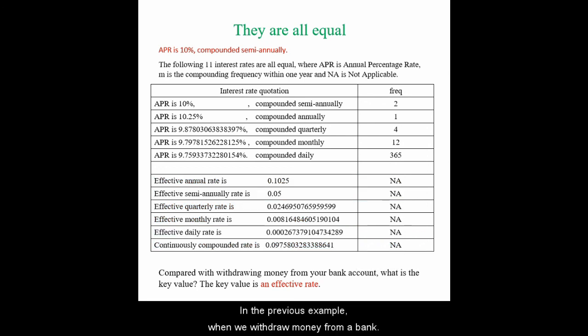In the previous example, when we withdraw money from the bank, the key is the total amount. Now the key value is the effective rate. For the total amount, we only have one value.